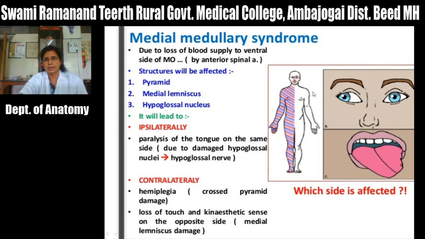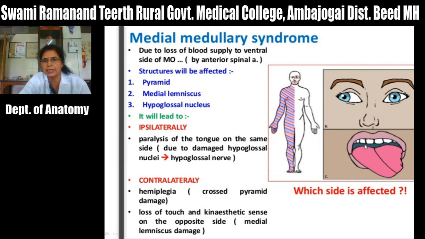Now in this figure there is a question: which side is affected? In this case the left side is affected. Why? Because on the right side there is paralysis of the skeletal muscles, and there is paralysis of the tongue on the left side.